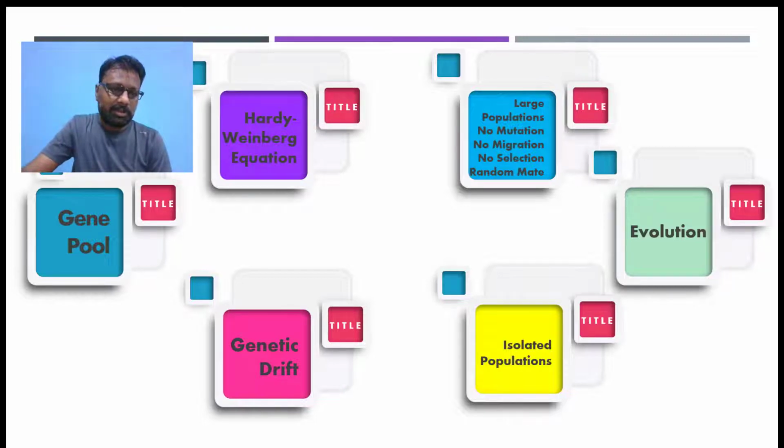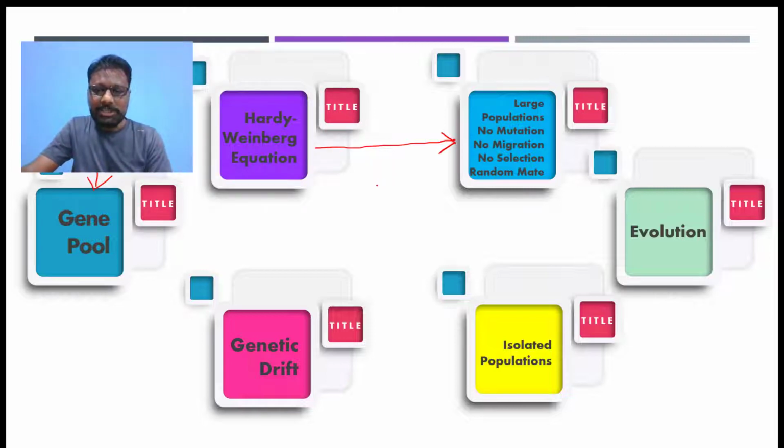The total number of genes present in a population, we call it a gene pool. The gene pool will always maintain equilibrium when there are no evolutionary forces taking place: the population should be large, no mutation, no migration, no selection, and the mating should be random.